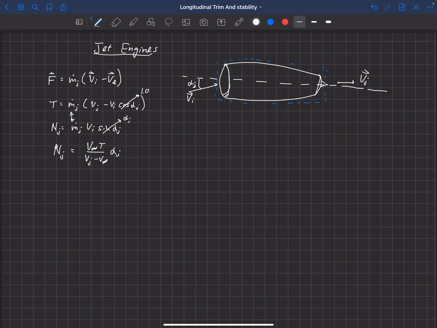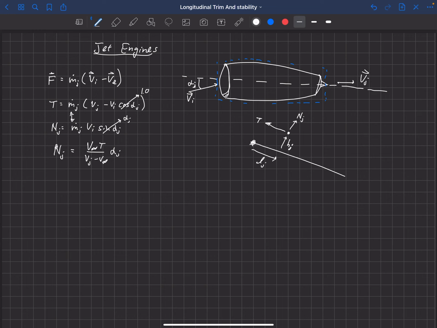Okay, so now let's look at what this looks like on the aircraft. We've got our center of gravity here, and then we're going to have our engine that's producing some thrust, and that is at some height. We'll call that h sub j, and it's sitting behind the center of gravity, a distance of Lj, and it produces not only thrust, but also this normal force Nj.